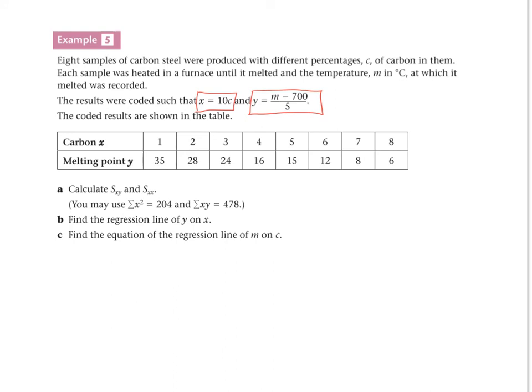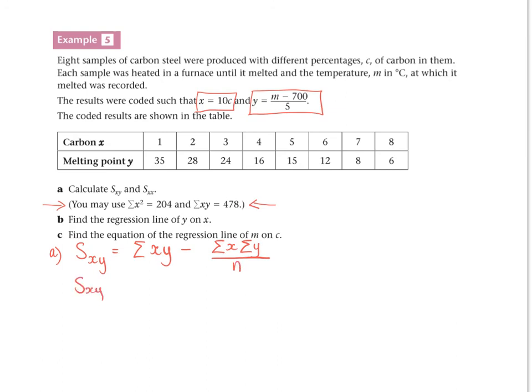So if we look at all the information that we've got, we've been given bits and pieces there. So you may use, and that's what it usually says in the question, so it saves you working them all out. So for part A then, we've got Sxy, which is the sum of xy multiplied together, minus the sum of x's multiplied by the sum of y's all over n.